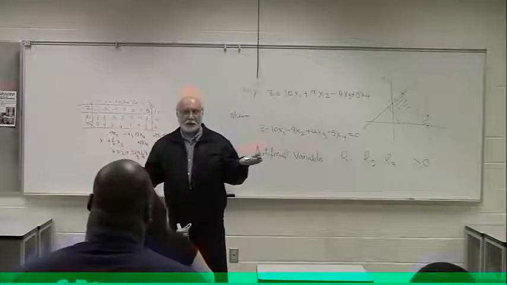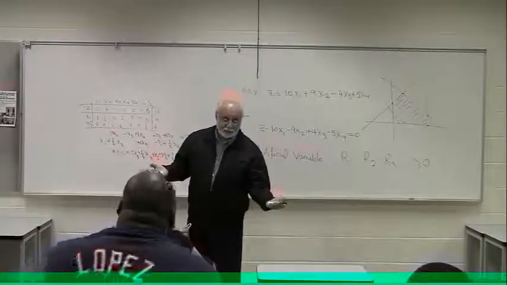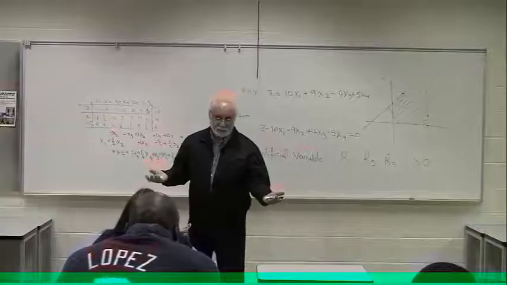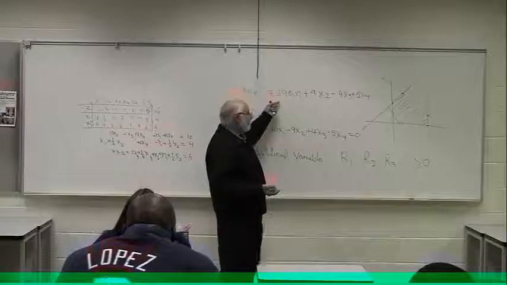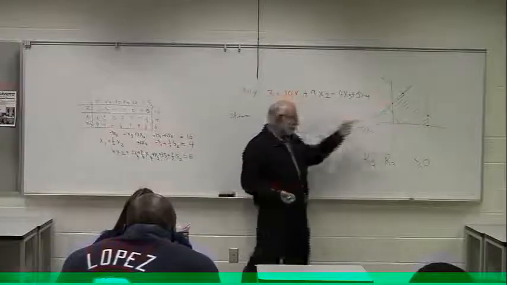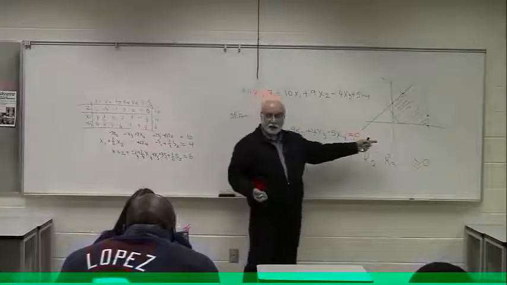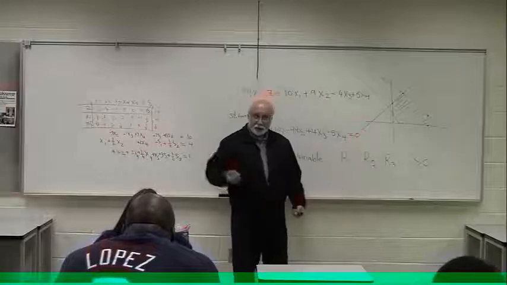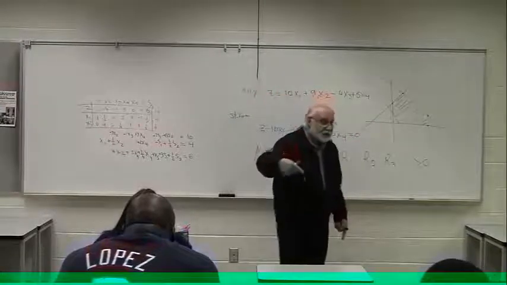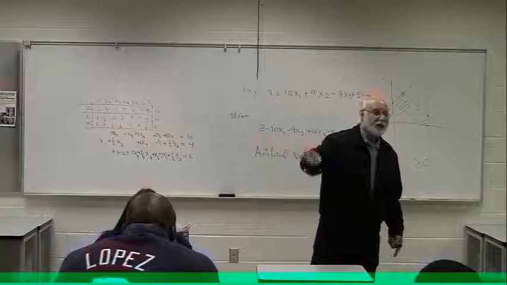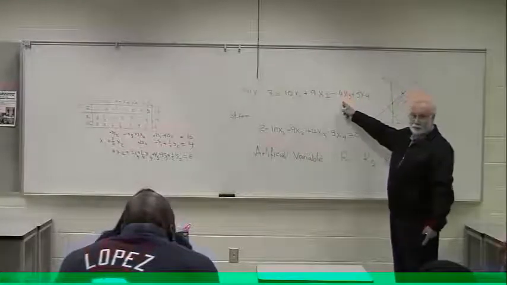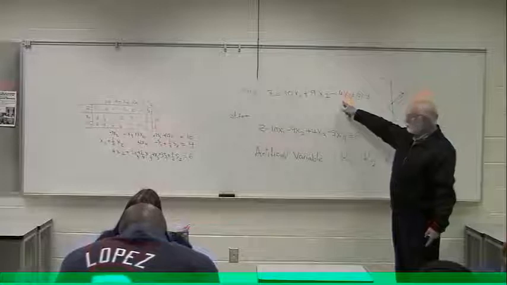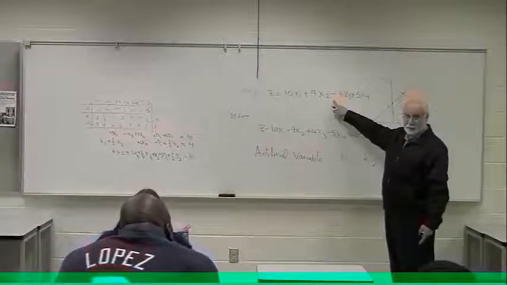I will add an artificial variable, but I will also add an artificial variable in here, which makes its coefficient a very large number with a negative sign.